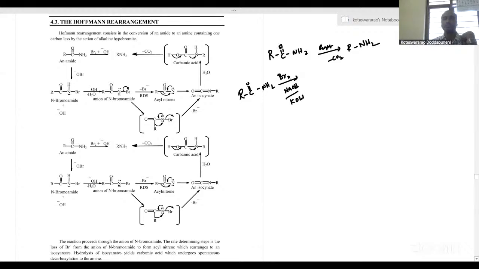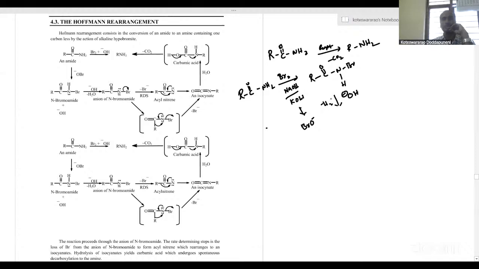This mixture turns to BrO minus, which is the active reagent. N-bromination takes place on the amide, giving the N-bromamide. Later, it is treated with base because this reaction is carried out under basic conditions.